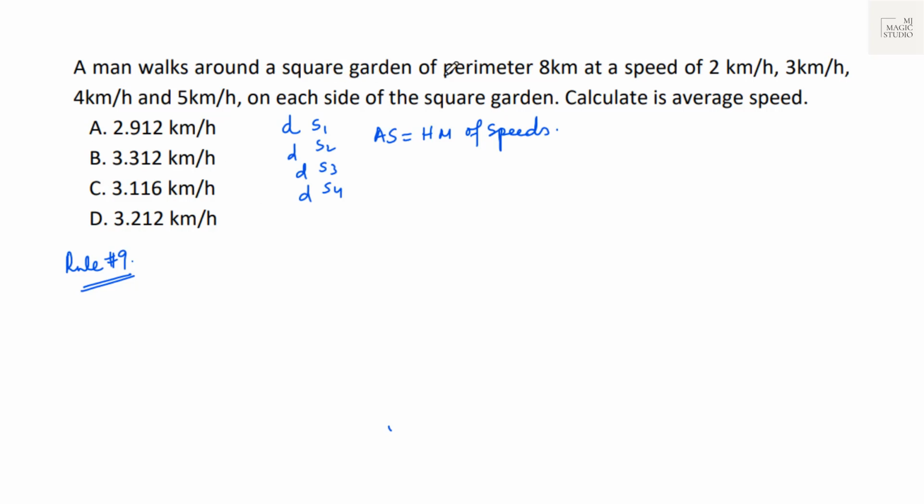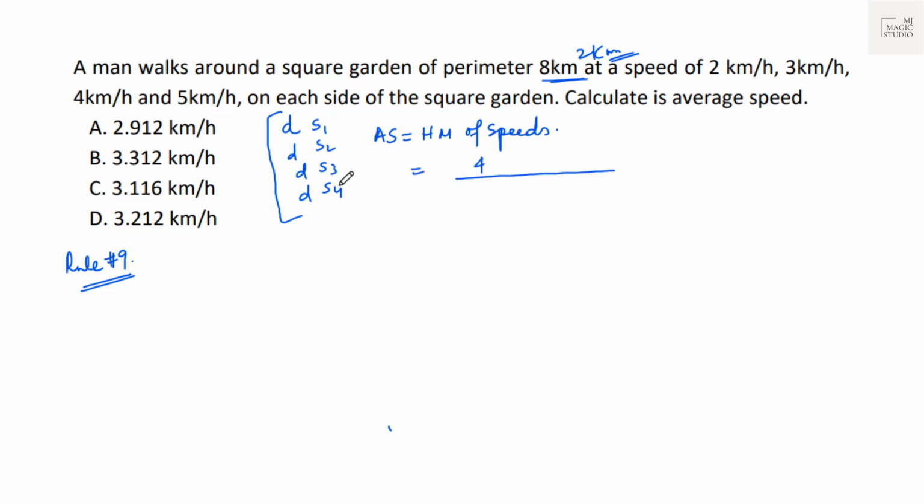Here we can see that a man walks around a square garden of perimeter 8 km. That means each side is 2 km, at different speeds, 2 kph, 3 kph, 4 kph and 5 kph. So we can see that this is our simple rule number 1. That is, they are traveling the same distance with different speeds, then average speed is the harmonic mean of speeds.